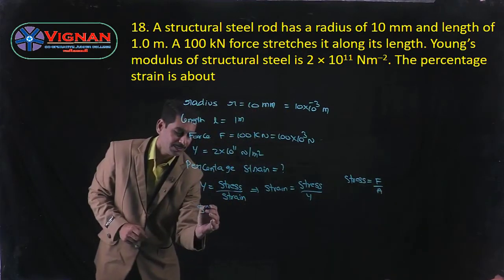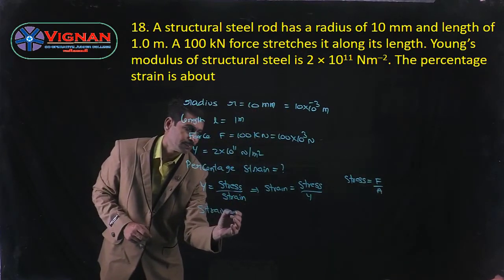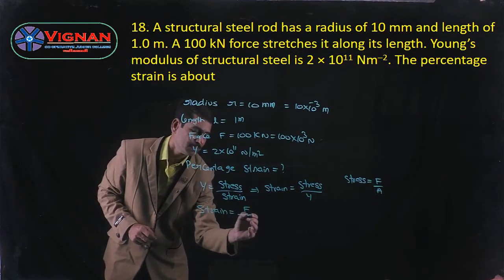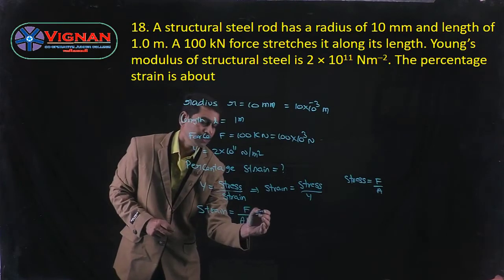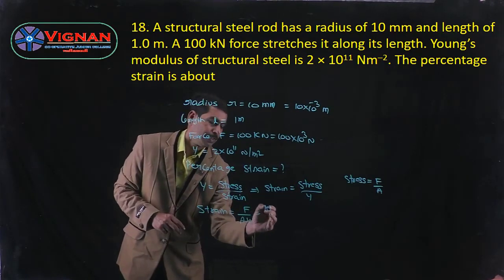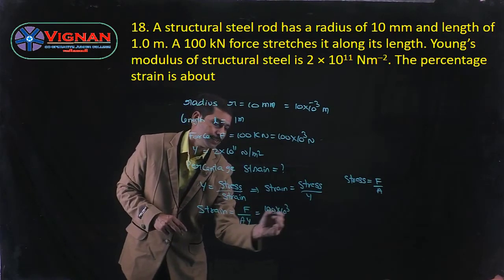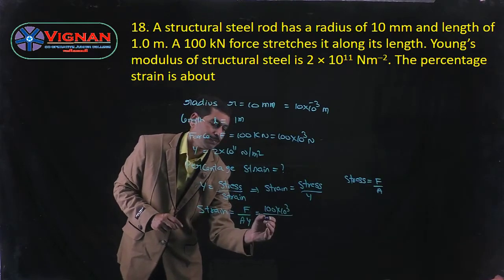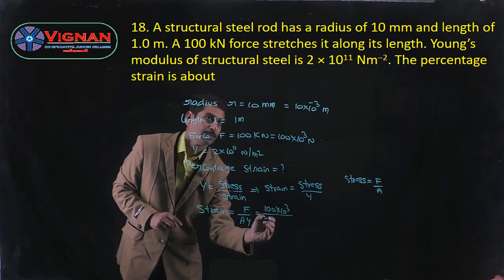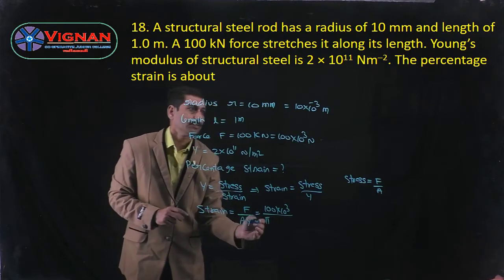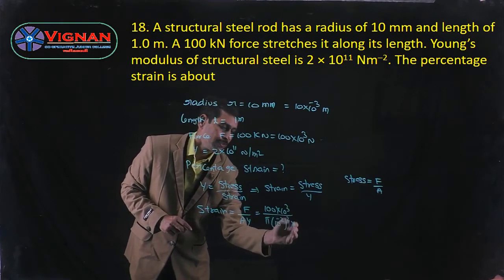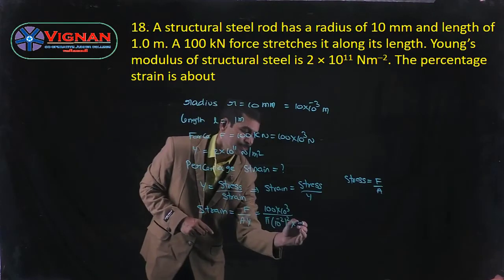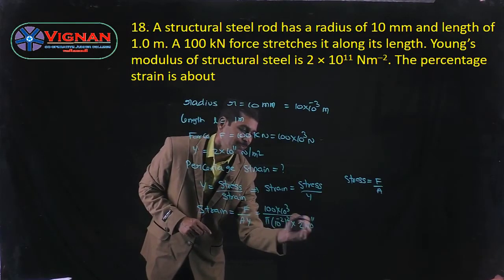So the strain becomes F by AY. So here F is given as 100 into 10 cube, and A is nothing but pi r square, pi into 10 power minus 2 whole square, into the Young's modulus, which is 2 into 10 power 11.